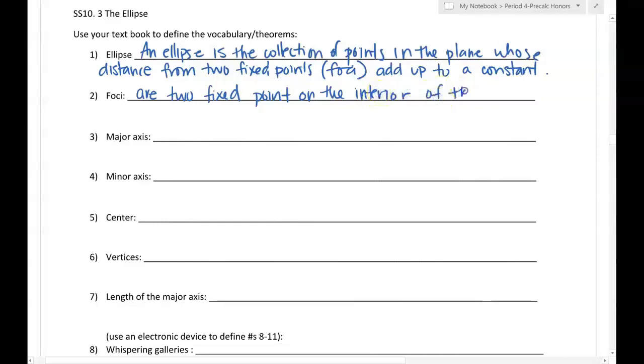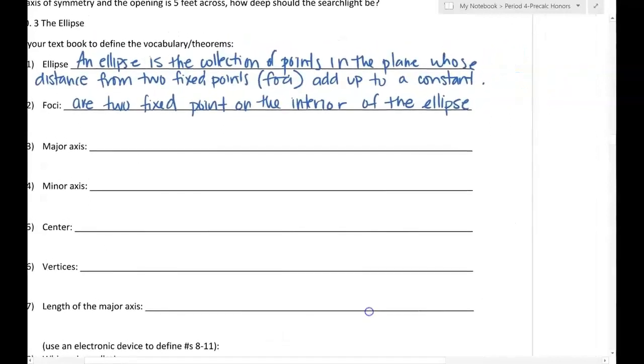So you guys remember the parabola had one focus. Now the ellipse has two foci, which is two of them. So what does that mean by these two definitions? Let me give you a little picture, and we will probably draw a lot more pictures in a little bit.